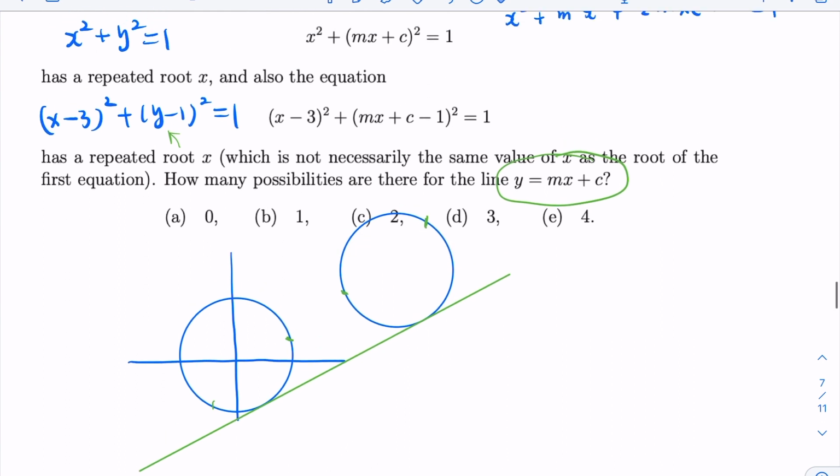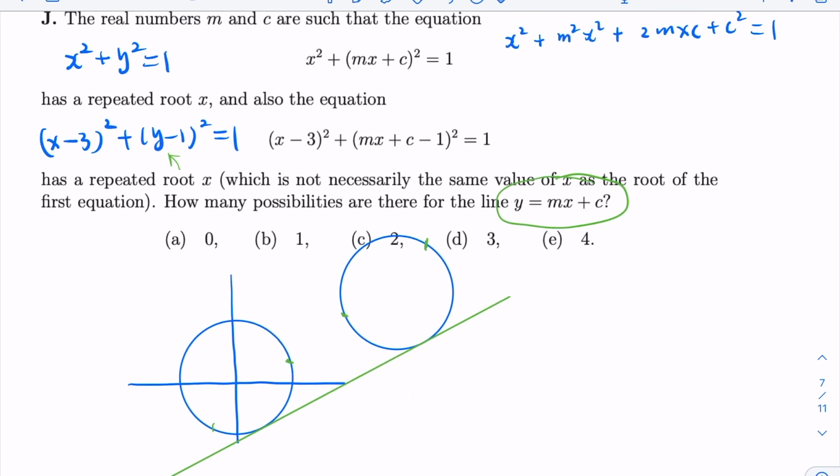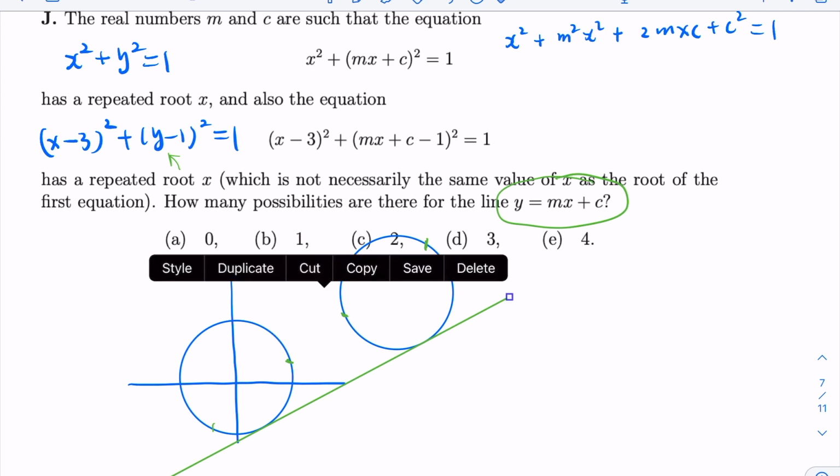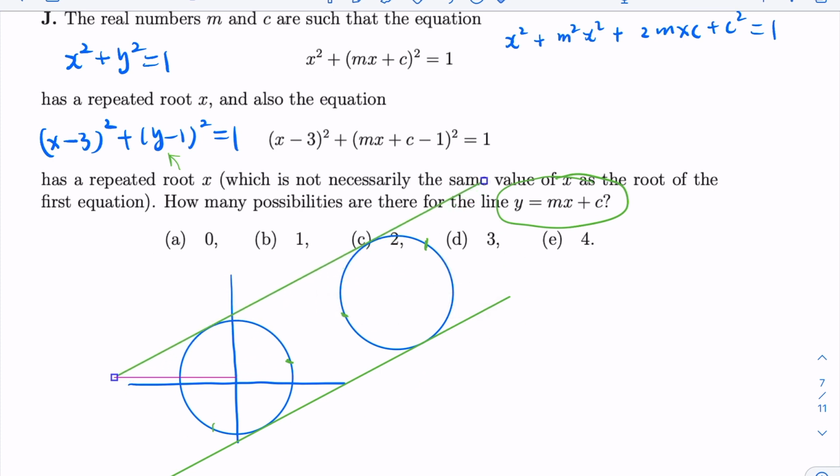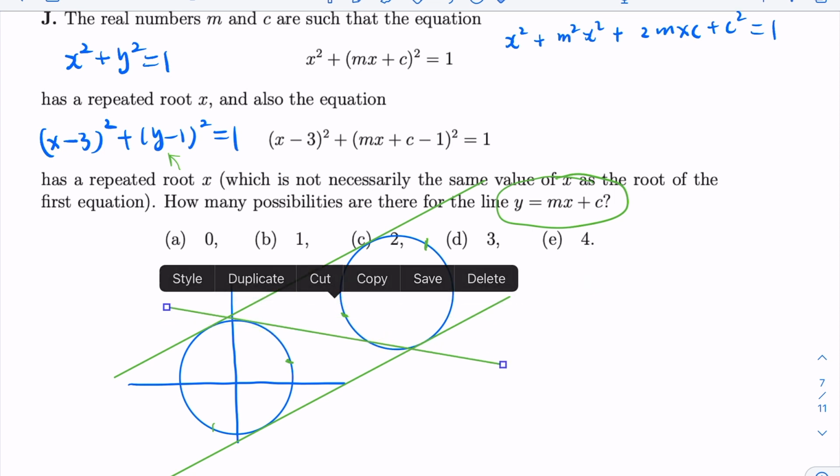So what we're saying is, how many possible ways are there for this line to be tangent to both circles? Of course, you can see there are 4 different ways, right? One is here. The other one is over there. And you can also have a tangent line like that, going in this direction here.